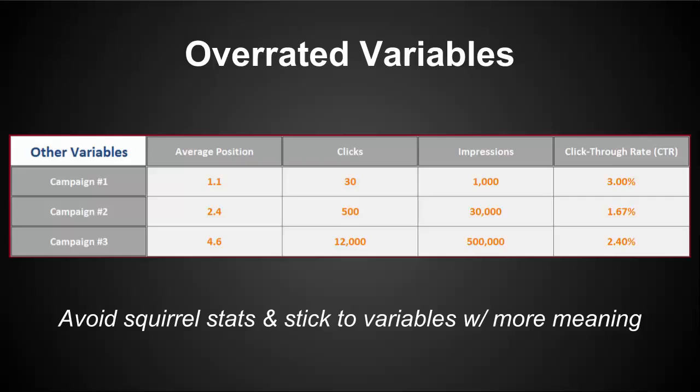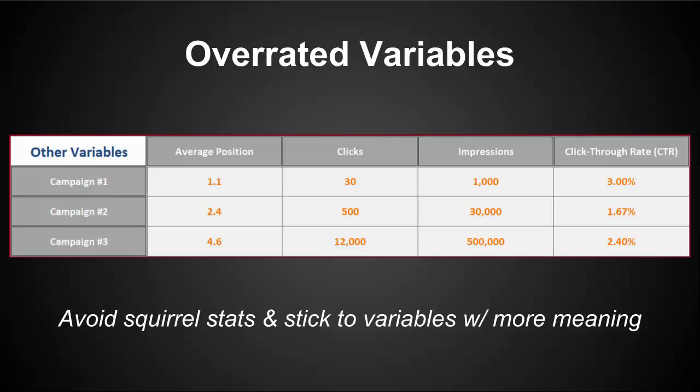The second example here of overrated variables would be clicks. We already talked about that a little bit. Just looking at the number of clicks doesn't tell you whether it's good or bad. The one thing I do like about clicks is it tells you how significant the other variables of data that you're looking at are. If you are looking at a campaign that only has 15 clicks versus a campaign that has, like in example number three, or yeah, just take these two examples: example number one has 30 clicks, and example number three is 12,000 clicks.